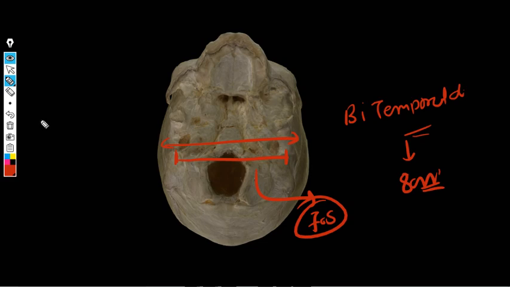In anterior posterior diameters we see 4 diameters to be remembered, and in transverse diameters we just remember 3 of them: bitemporal, biparietal, and bimastoid.